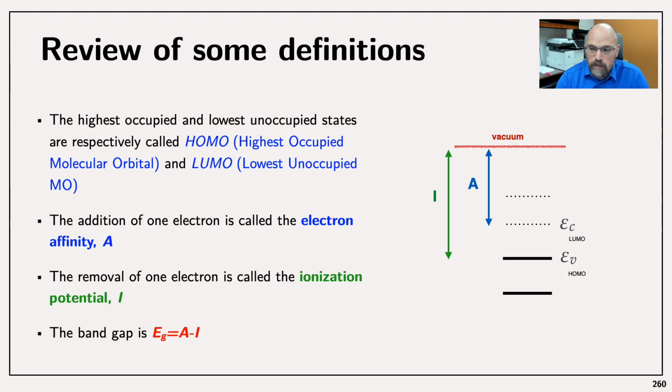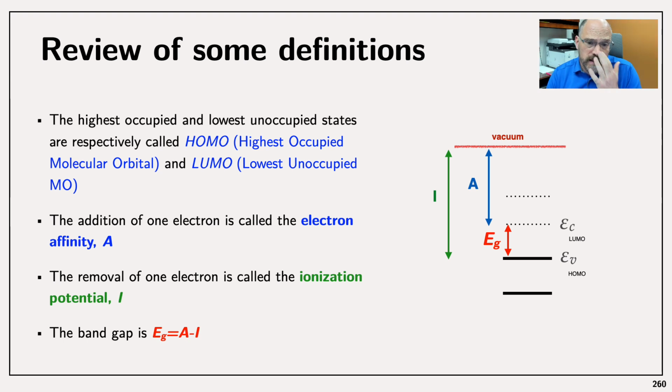That energy gap is the distance we have there, and we see from inspection that the gap is basically the affinity minus the ionization potential. This is the definition of a band gap. With this single electron picture, that is what we would find, for example, in Hartree-Fock.